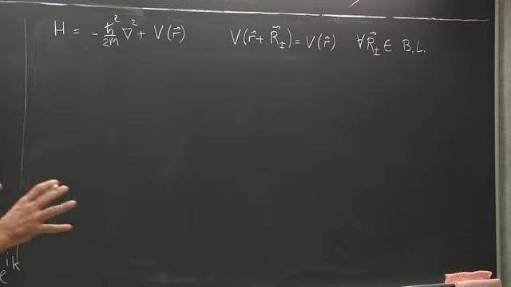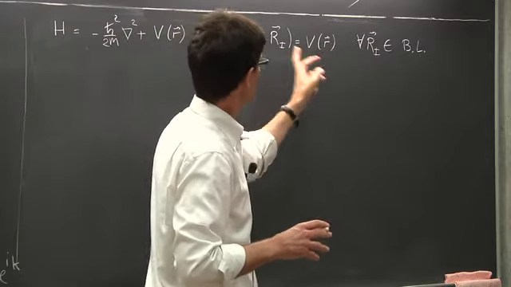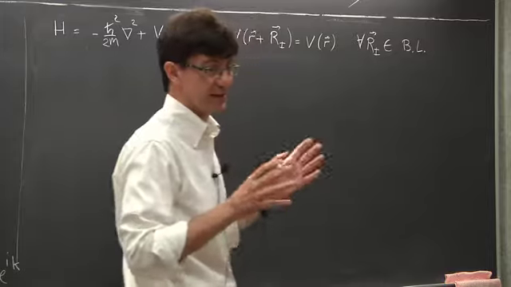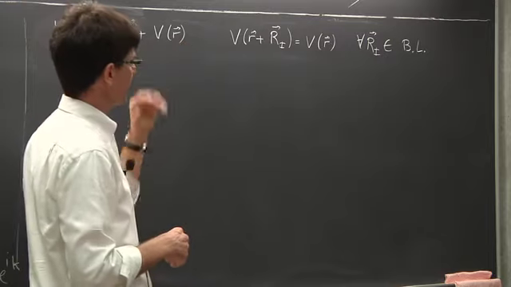So now I'm going to be very general. I just require my potentials to be periodic with the periodicity given by the Bravais lattice. So I have to give you a Bravais lattice, and I'll tell you the potential is periodic with this periodicity. I have a Hamiltonian with that potential.